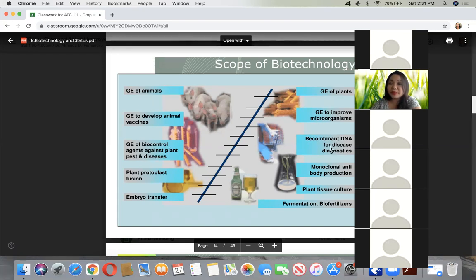No, there are microorganisms na ginagamit natin for insulin production and even for cheese production at saka for sweetness, no, for example. And recombinant DNA for disease diagnosis, monoclonal antibody production, plant tissue culture, fermentation, no, ng wines, beers, cheese, and a lot of biofertilizers.